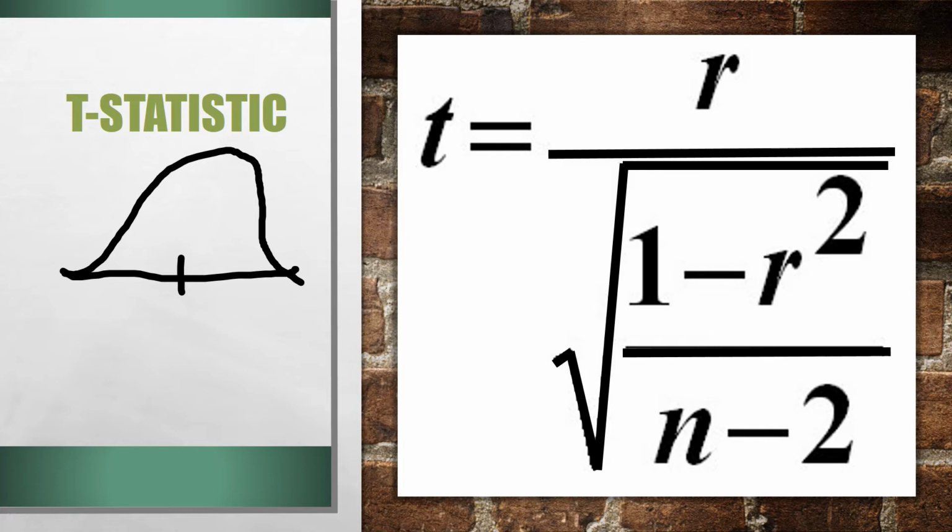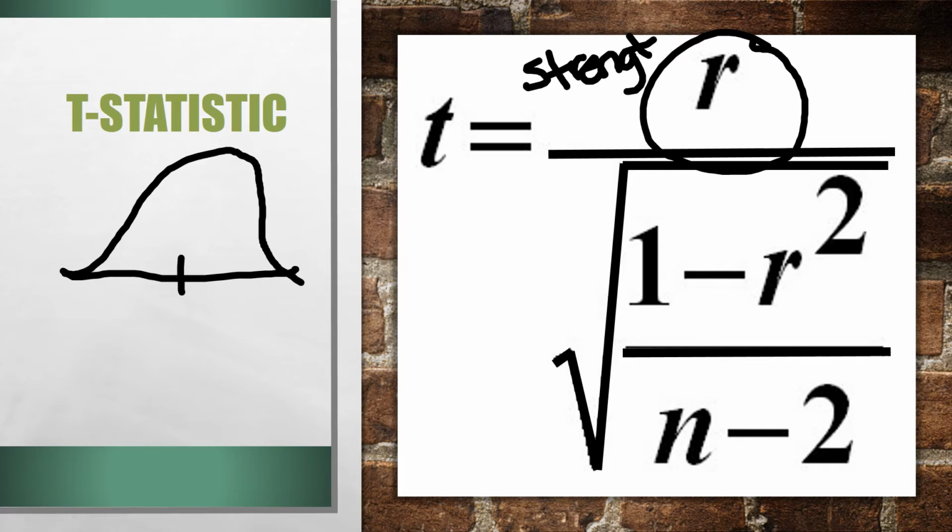Now normally on the top here is the difference between the sample means. But again, we have 2 scale variables instead of just 1. And so we have a scale variable for the predictor variable and the outcome variable. But this is very similar. The R coefficient is the strength of the relationship, and that kind of goes parallel to having the difference between the means.